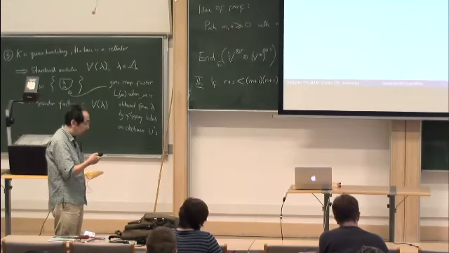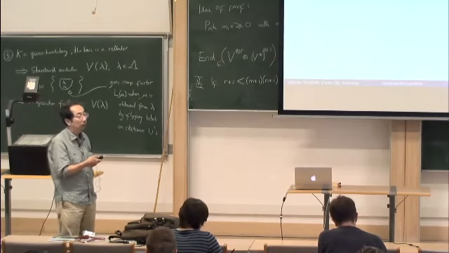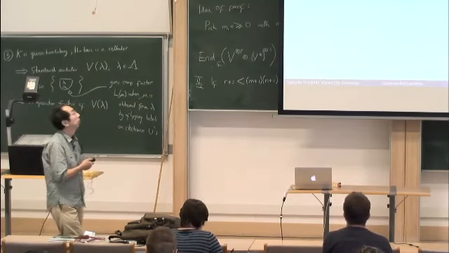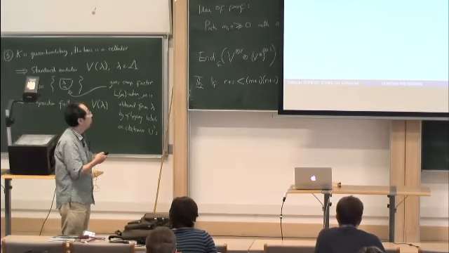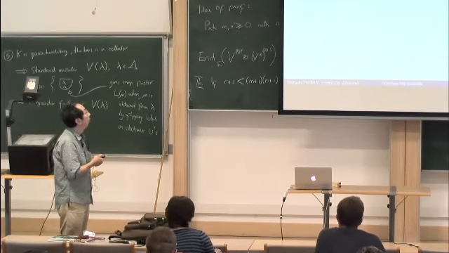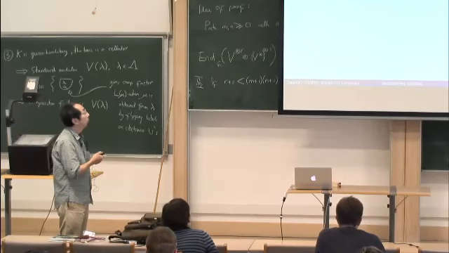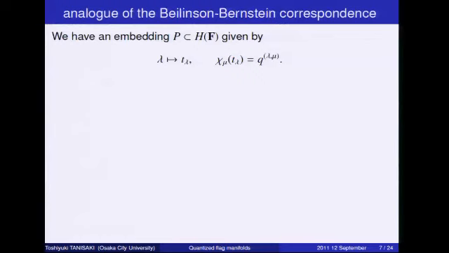And I want to give an analog of the Beilinson-Bernstein correspondence in this situation. This is given as follows. This is a parameter of twisting, H(F), and we have integral weights, an embedding of P into H(F). This corresponds to twisted differential operators, and this P corresponds to line bundles. And lambda goes to t_lambda, satisfying this condition.